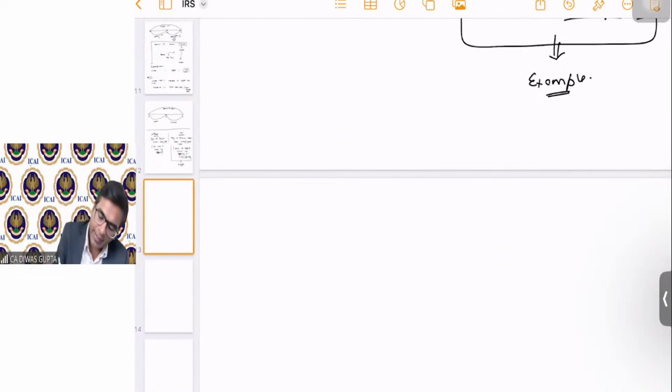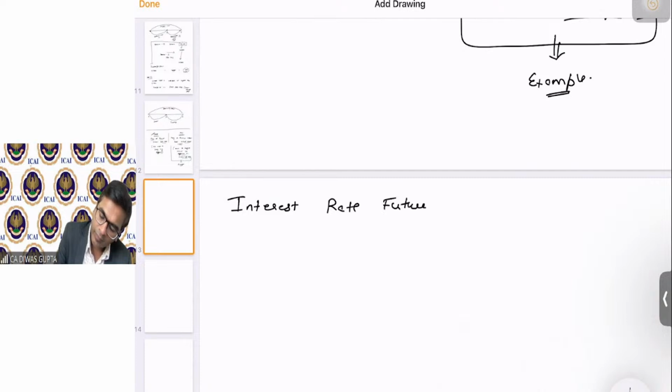So students, interest rate futures, which are also called as IRFs.